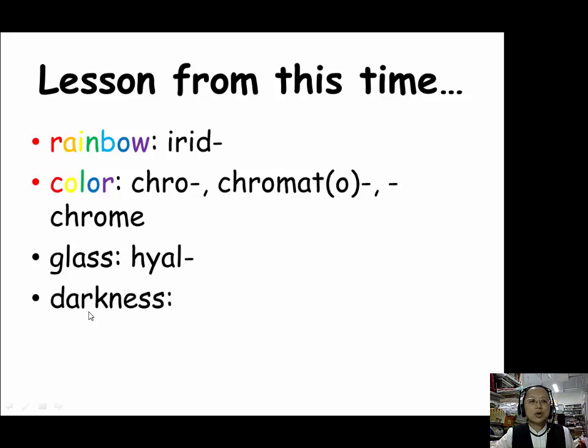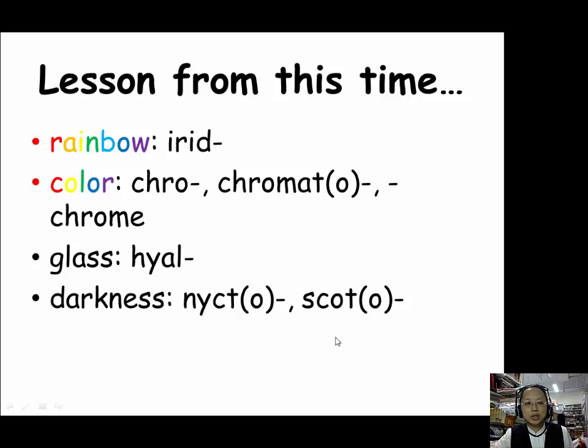To describe darkness, we use two prefixes, nycto, NYCTO, and scoto, SCOTO. To describe light, we have only one prefix, that's photo, PHOTO.